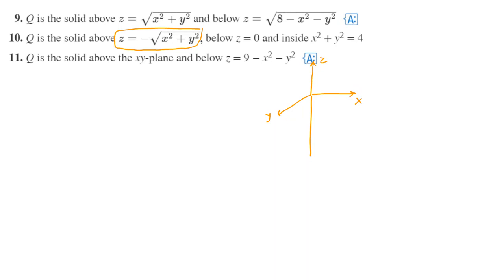So the surface is what below, it goes down. So we have this cone. So we need the surface of this cone. So the solid will form by what? The cone below and by the XY plane up, but within this cylinder.